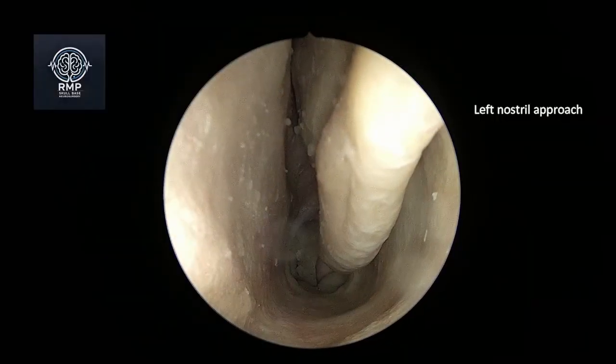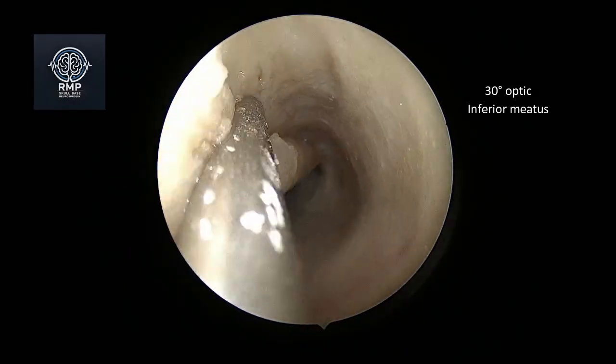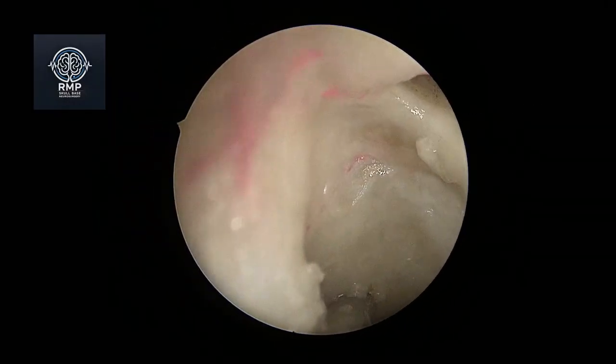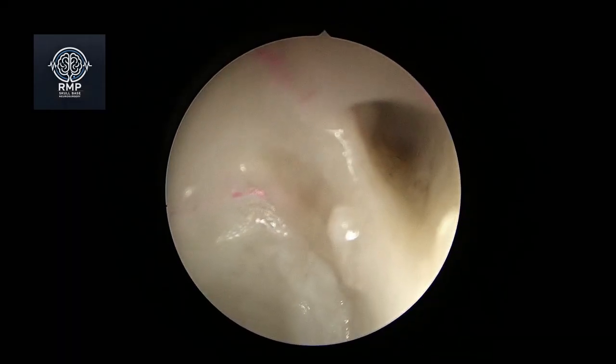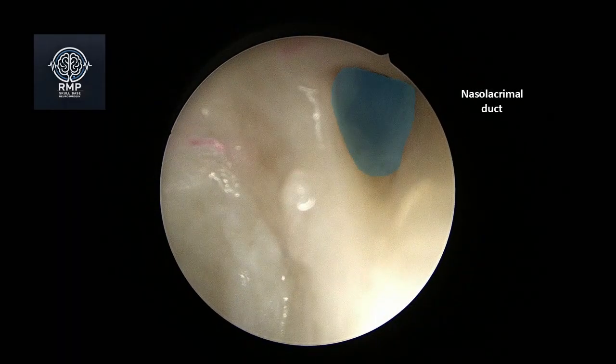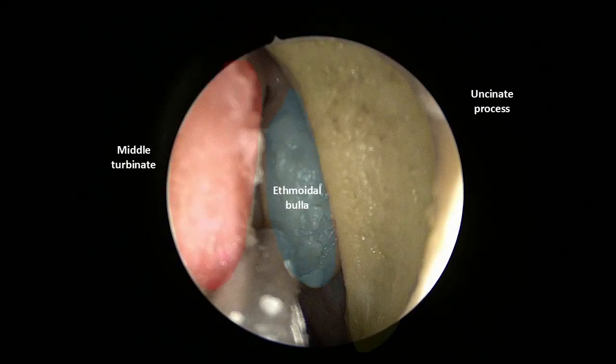We now repeat the same approach on the left side. The inferior and middle turbinates are identified, and the inferior meatus is examined for the lacrimal duct. The middle turbinate is then mobilized to access the uncinate process and bulla.